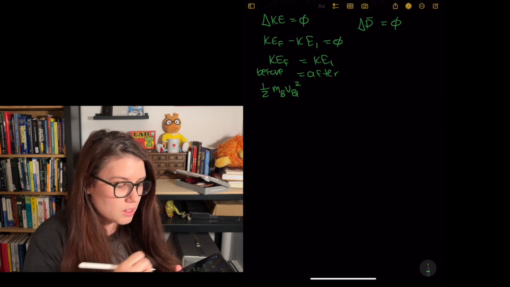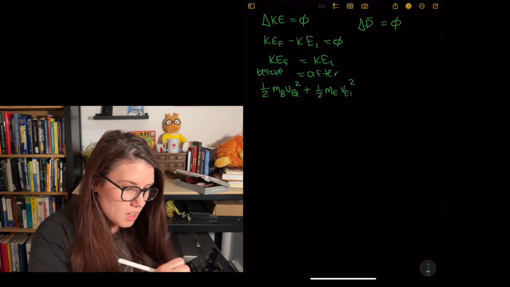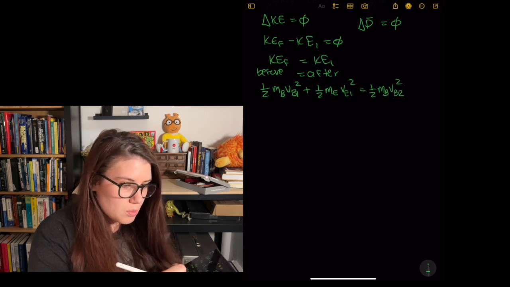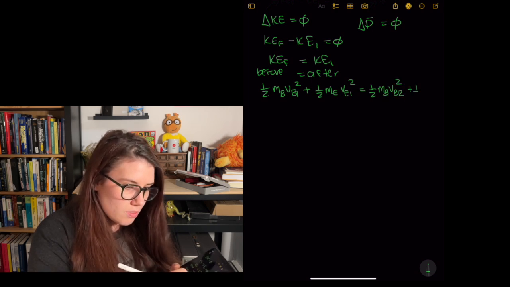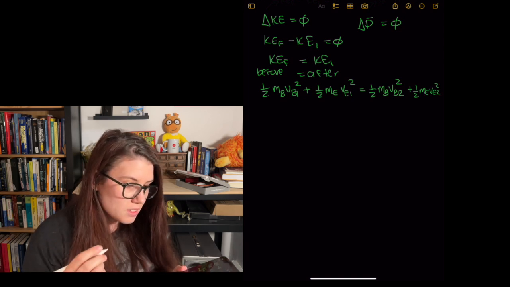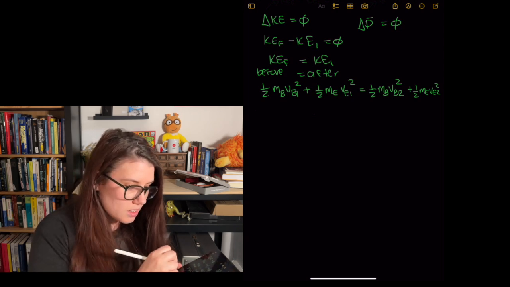So I'll put 1/2 the mass of the ball times the initial velocity of the ball, VB1 squared, plus 1/2 the mass of the earth times the initial velocity of the earth, VE1 squared, is equal to 1/2 mb VB2 squared, the final velocity of the ball, plus 1/2 me VE2 squared. So you can cancel out the 1/2s, and let's arrange it so that the ball is on one side and the earth is on the other side.